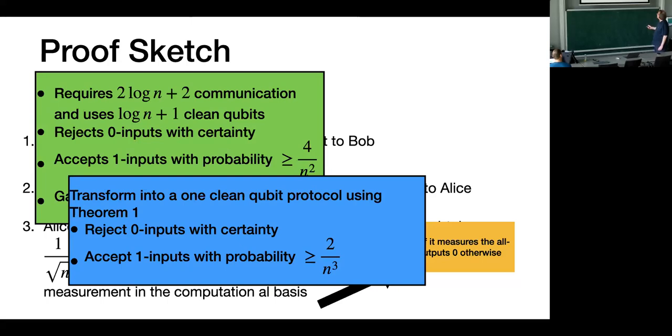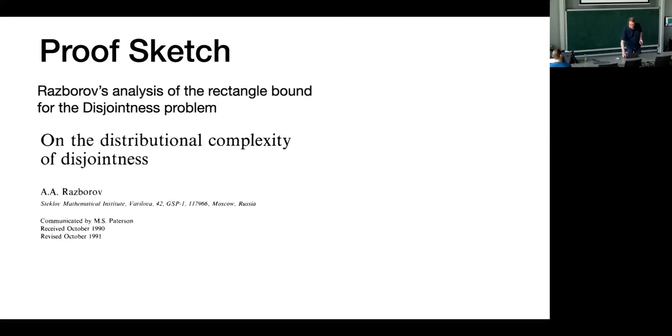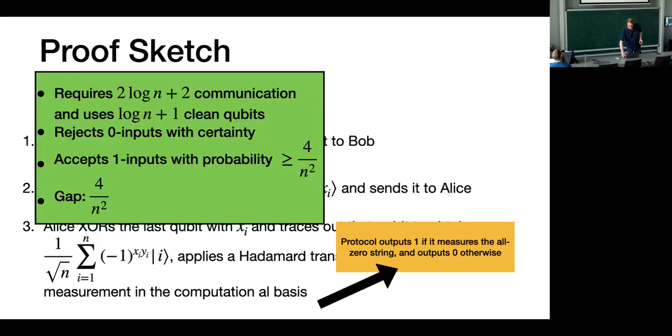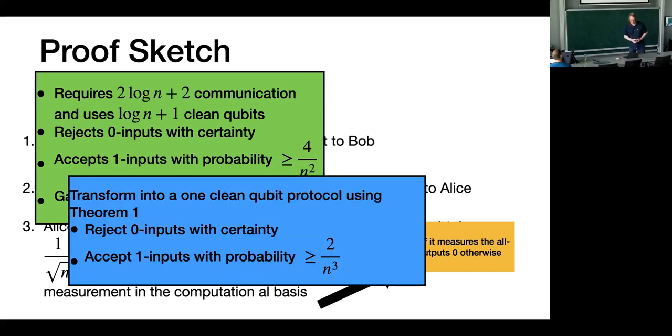And now we still reject 0 inputs with certainty and accept 1 inputs now with probability at least 2 to the n over 3. Now the question is, what can a randomized protocol do that has additive error 1 over n to the 4th? And this still leaves a sizable gap of n to the -3, basically, between acceptance and rejectance.